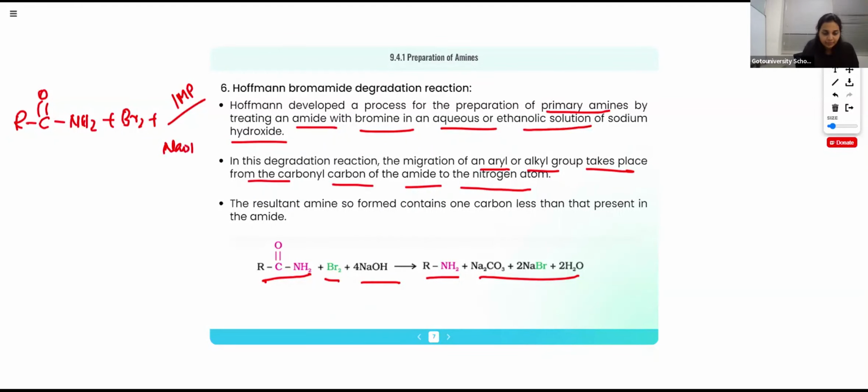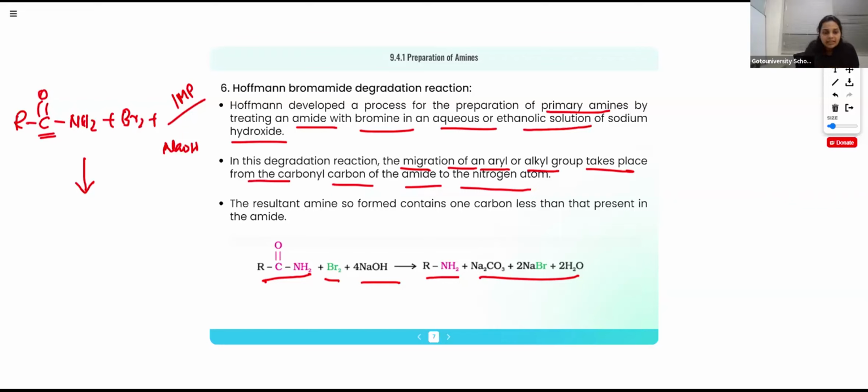In this reaction, there is migration of an alkyl or aryl group from the carbonyl carbon to the nitrogen atom.